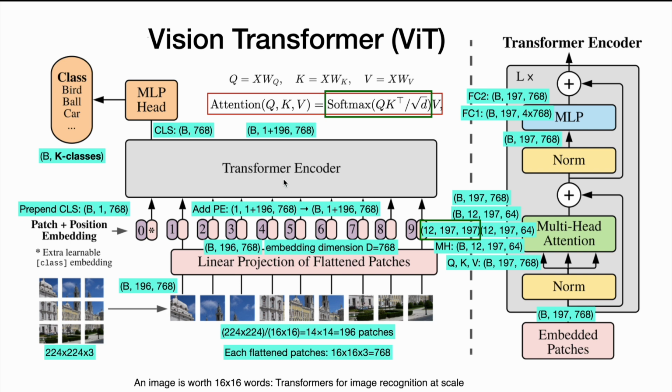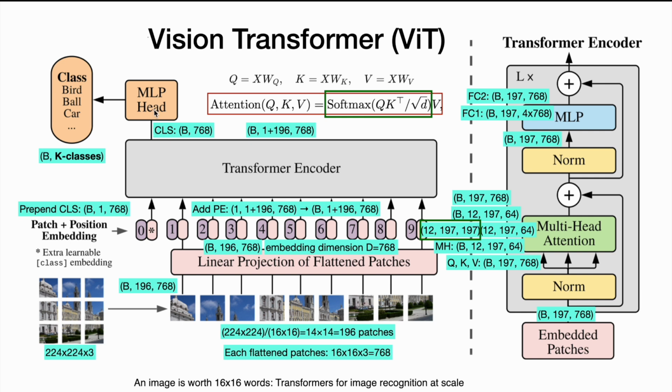We feed this into a transformer. Basically, the transformer doesn't change the tensor dimension. So if we feed this in, we will get exactly the same dimension out. From this output, we extract the CLS token, which is a single 768 dimensional vector.